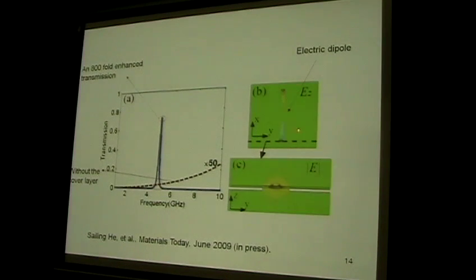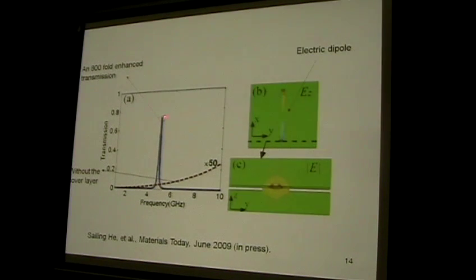This electro dipole resonates here and harvests the electromagnetic wave, and then squeezes the electromagnetic wave through the sub-wavelength hole even for the TE polarization, which will not have any plasmon effect at all.